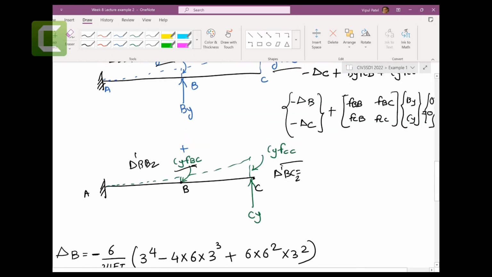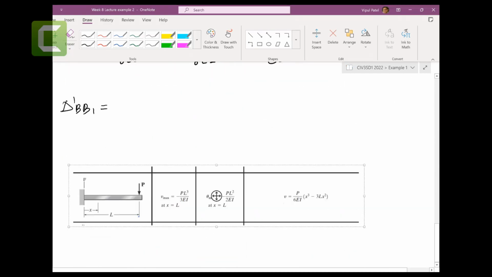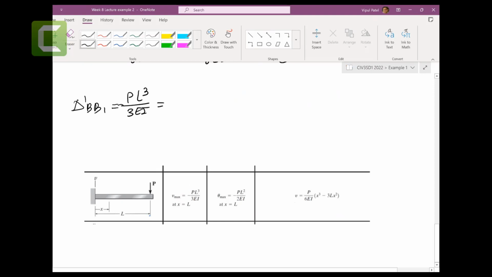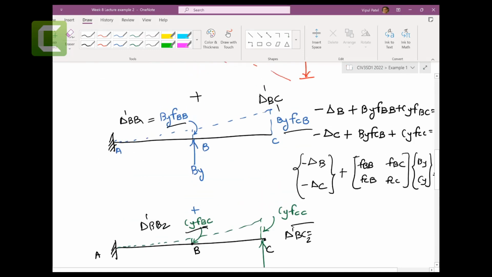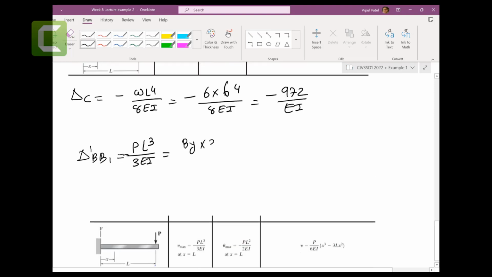The maximum deflection is here under by. So let's use positive PL cubed over 3EI. The P load is by, L cubed is 3 cubed because it's the midpoint, over 3EI. So you get 9 by over EI. That is going up, so that's done.